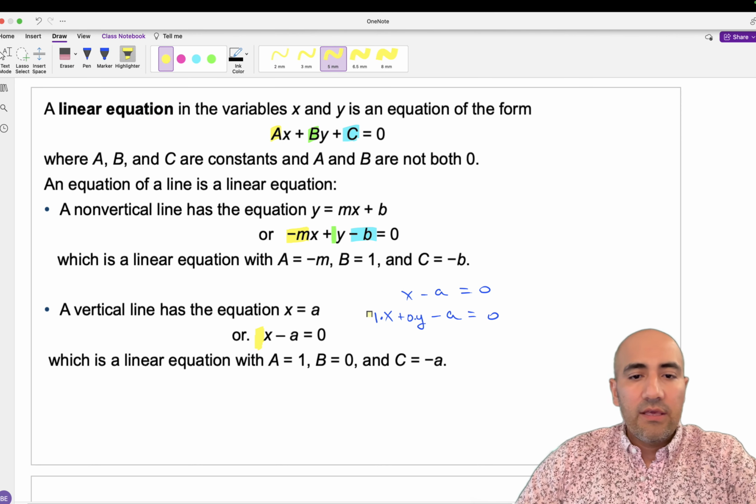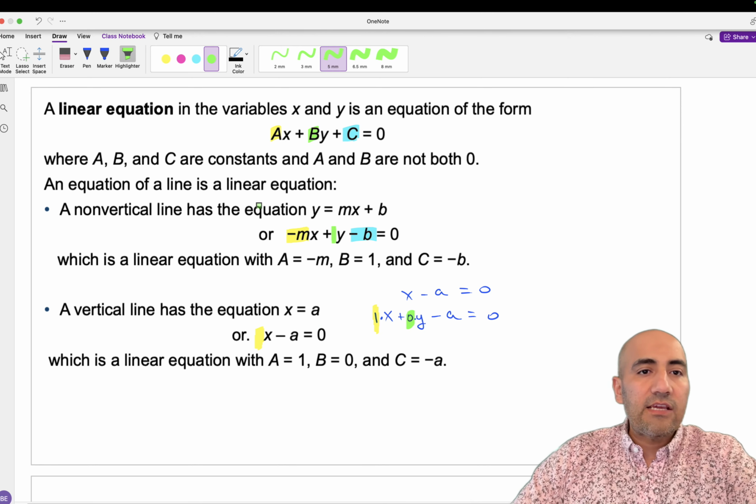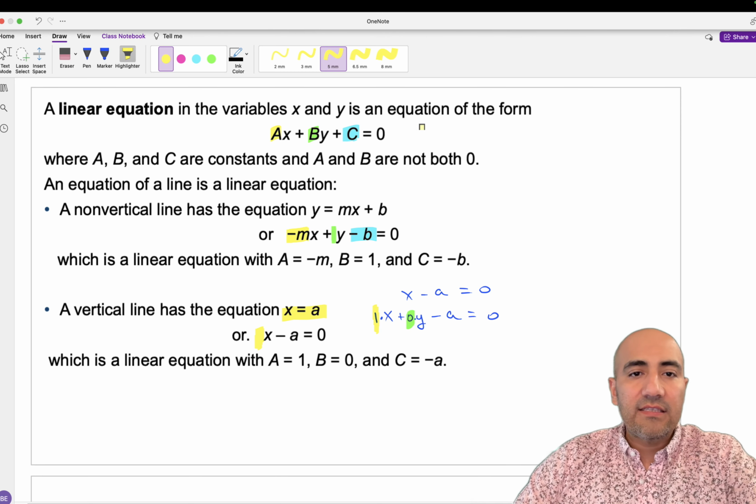So now the a is a 1, the b is this 0, and the c is this minus a. Again, just showing you that we can take an equation of a line, manipulate it, change it around, and then it fits this generic format.